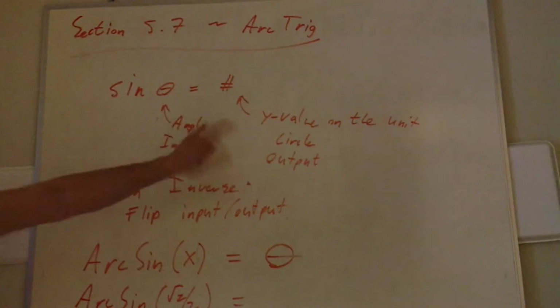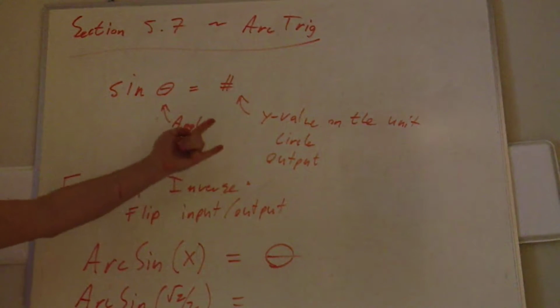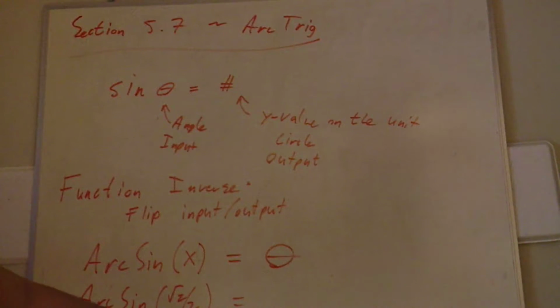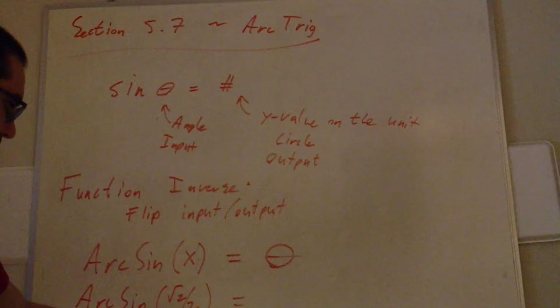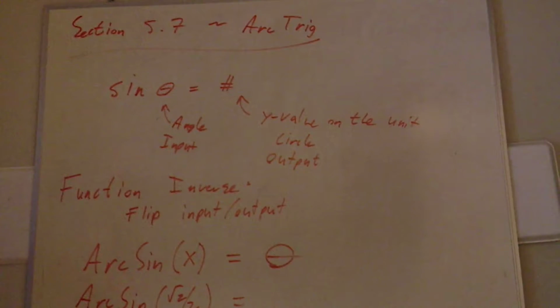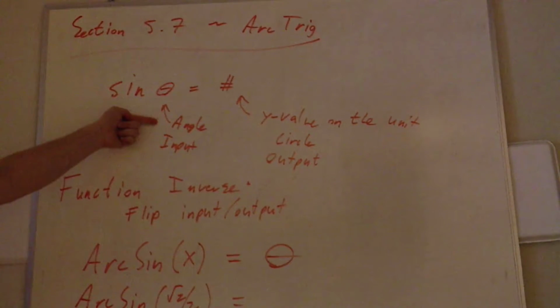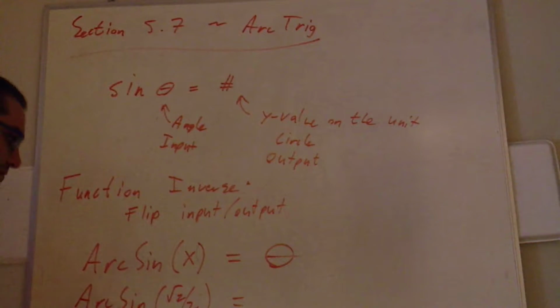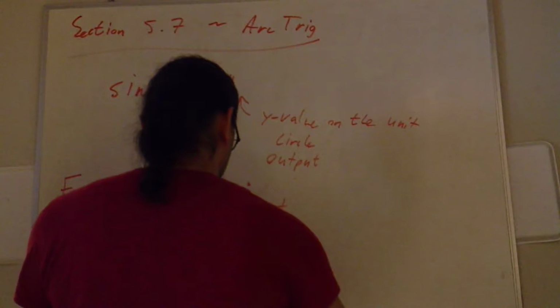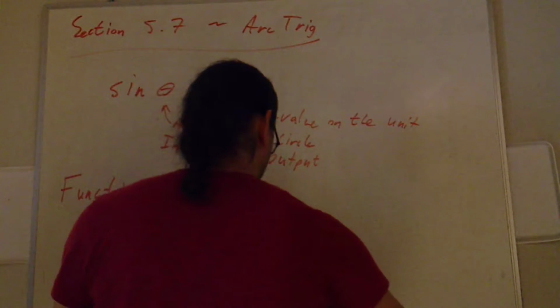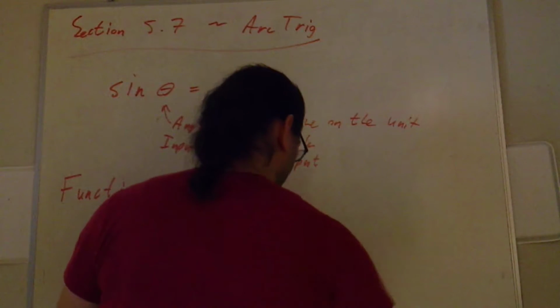We've flipped this input-output situation. So now the input of this function is a y value on the unit circle, and the output of this needs to be an angle. So the arcsine of this particular y value on the unit circle should probably be pi over 4 radians or 45 degrees.